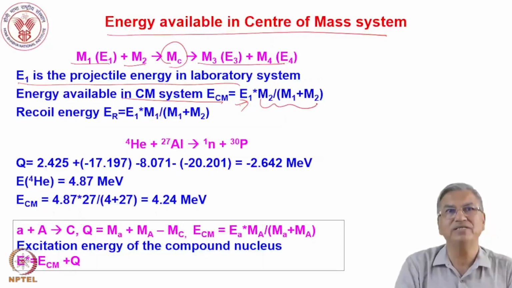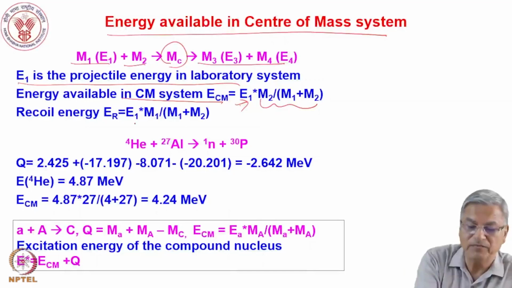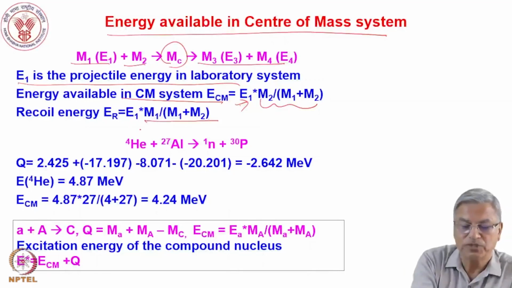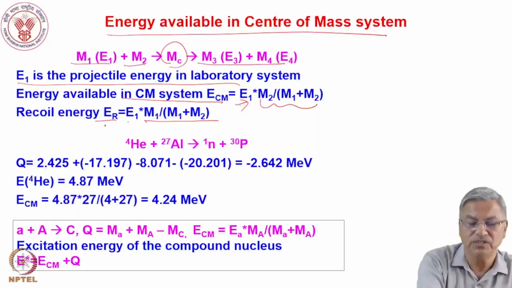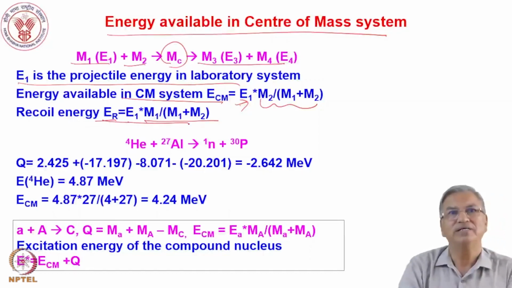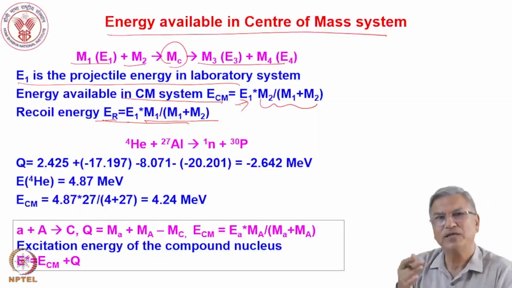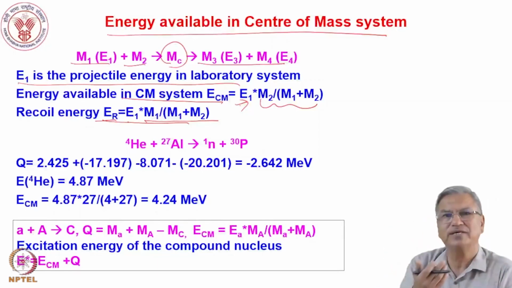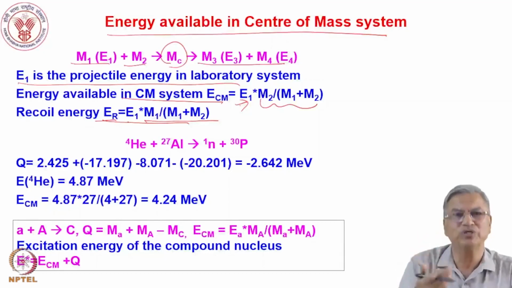This is the fraction which is available in the center of mass system, and the remaining fraction M1 by M1 plus M2 into E1 is called the recoil energy. So this much energy is not available for the reaction to take place. In fact, like you call free energy in chemical reactions, the free energy only is the useful energy available to induce the reaction.